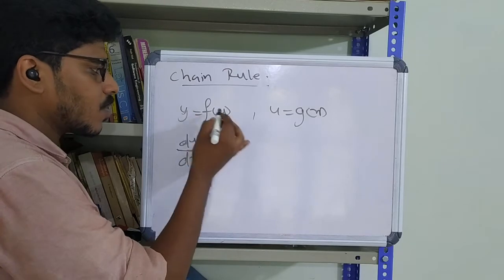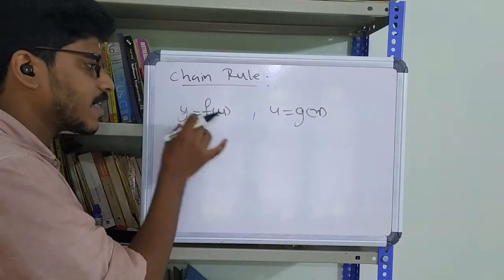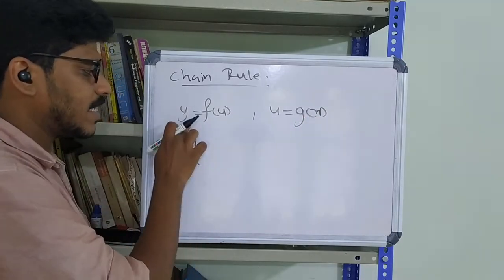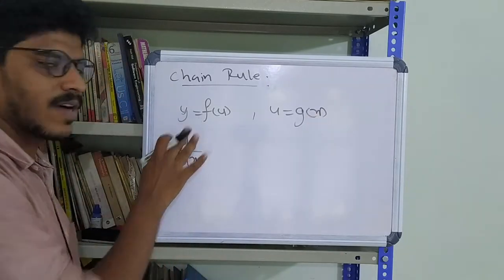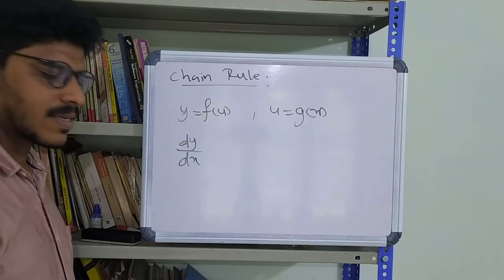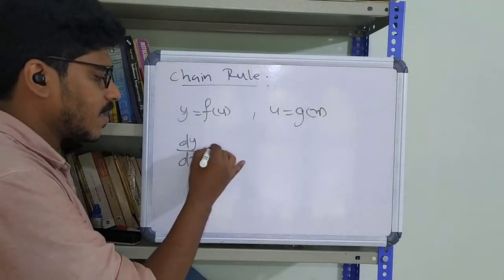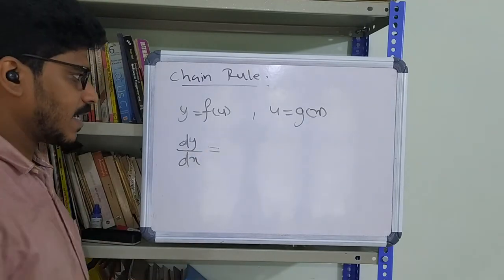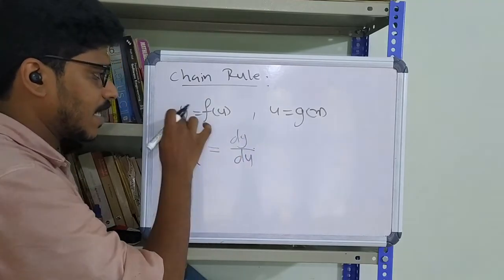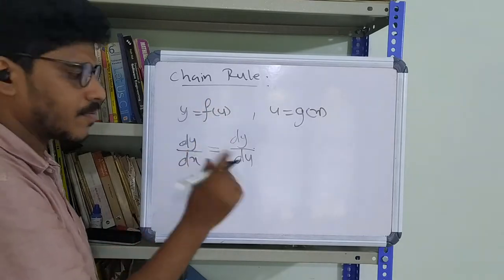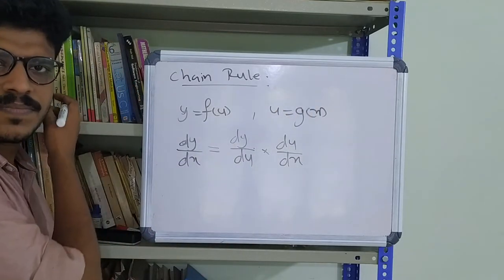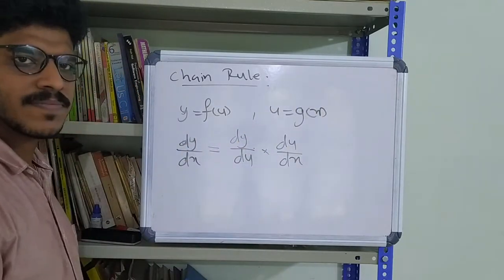Right. See, y depends on u and u depends on x. So obviously y depends on x. A small change in x may change u, and a change in u can change y. So a small change in x can change y, so there could be a rate of change of y with respect to x. Right. So we had the chain rule to find the derivative of y with respect to x as dy by du, which can be easily found since y is directly a function of u, into du by dx, which can also be easily found since u is directly a function of x.